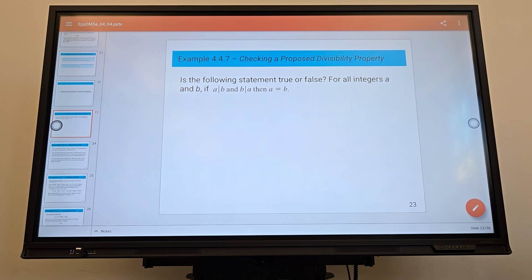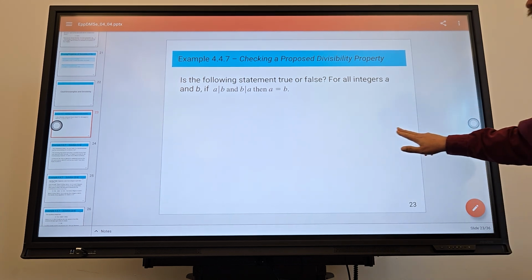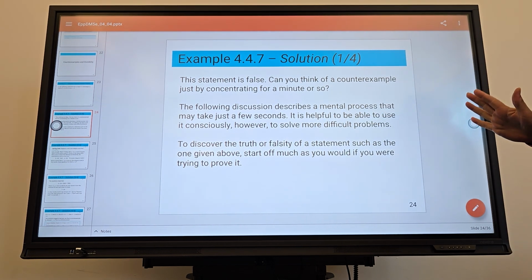Can you find a counterexample to indicate that it wouldn't be true? Yeah, so it doesn't fit. So the statement is false.